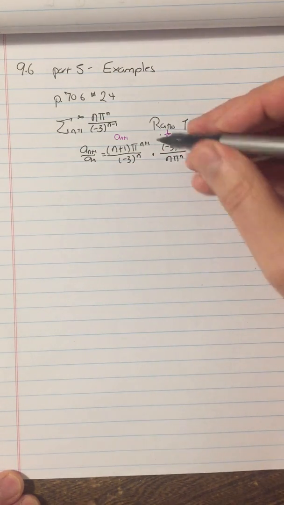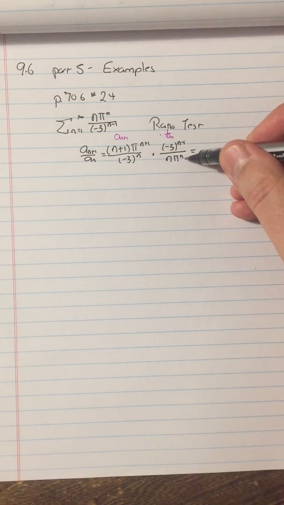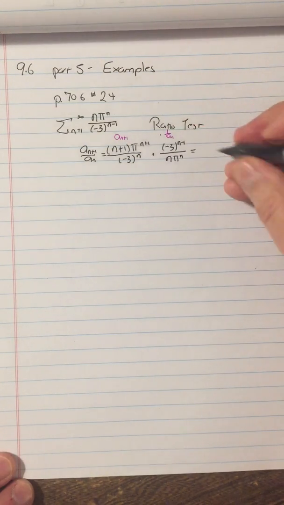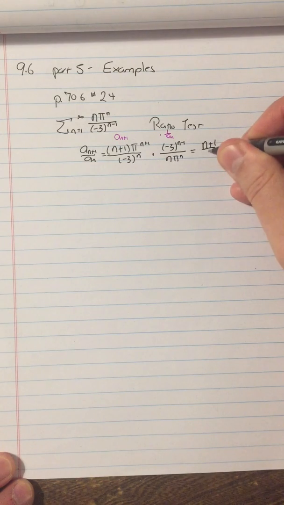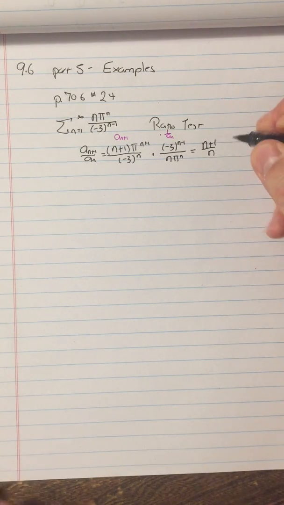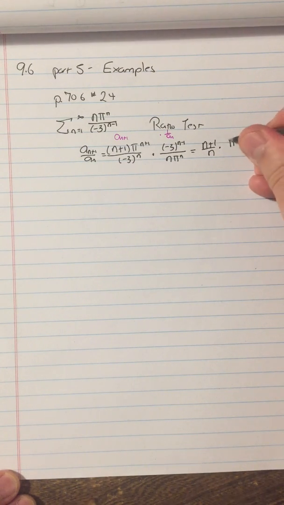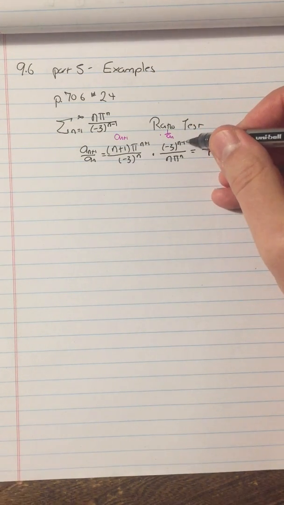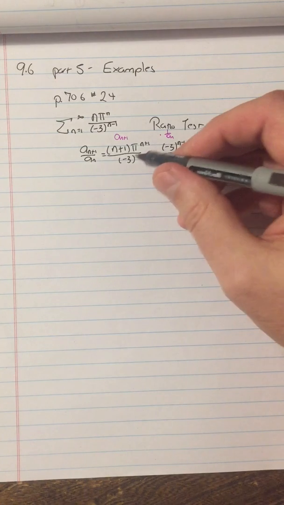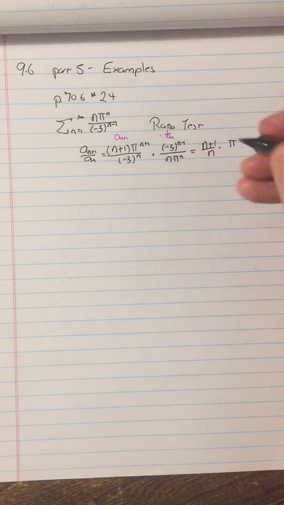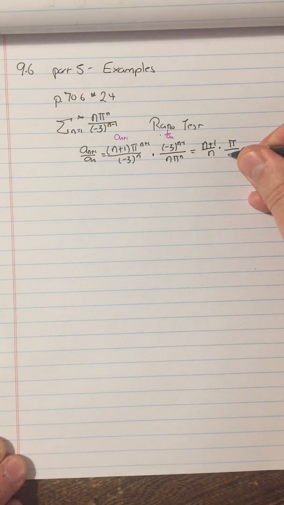So I can cancel pi to the n plus 1 over pi to the n, just as we discussed before, which becomes just pi. I can put together the n plus 1 and the n parts, so I have n plus 1 over n, and I can see that's going to go to 1. And then my negative 3 to the n minus 1, I have one more negative 3 in the denominator than I do in the numerator, so that negative 3 ends up in the denominator.